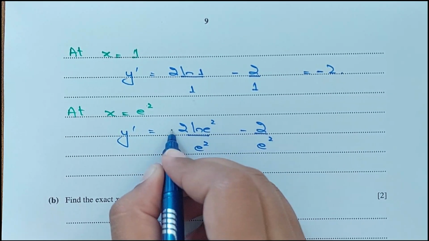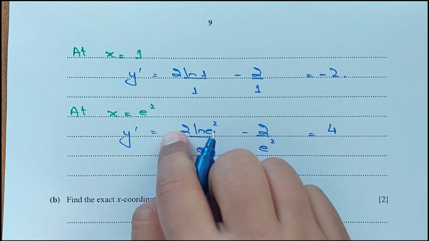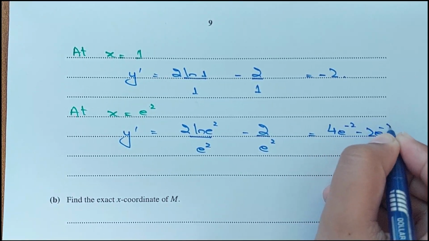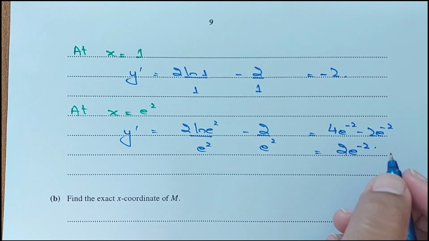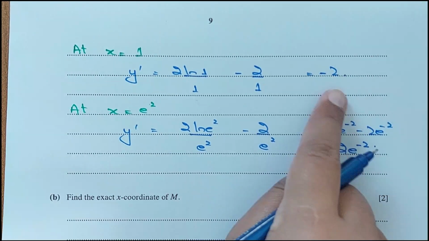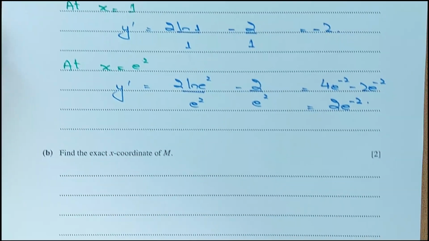Ln of e squared is 2, so we have 4 e power minus 2 minus 2 e power minus 2, which equals 2 e power minus 2. So the exact value of the gradient at point A is minus 2 and at point B is 2 e power minus 2.